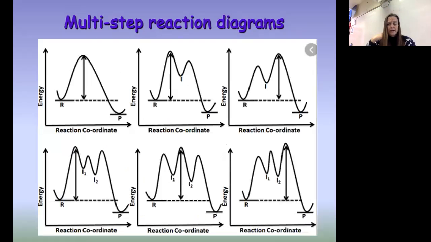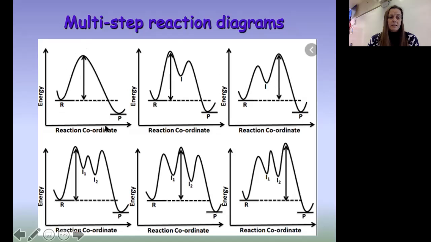Okay, and just a couple more examples of multi-step reaction diagrams. So this is a single step reaction diagram, and you will sometimes see multi-step reactions condensed down so that this reaction coordinate diagram could be either this reaction or this reaction because they have the same overall activation energy. They have different transition states and different slow steps, but they have the same activation energy.